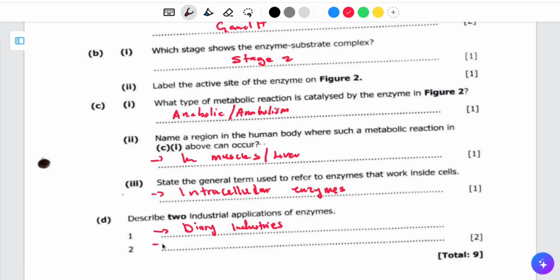Then from there, we can also use enzymes in leather tanning.